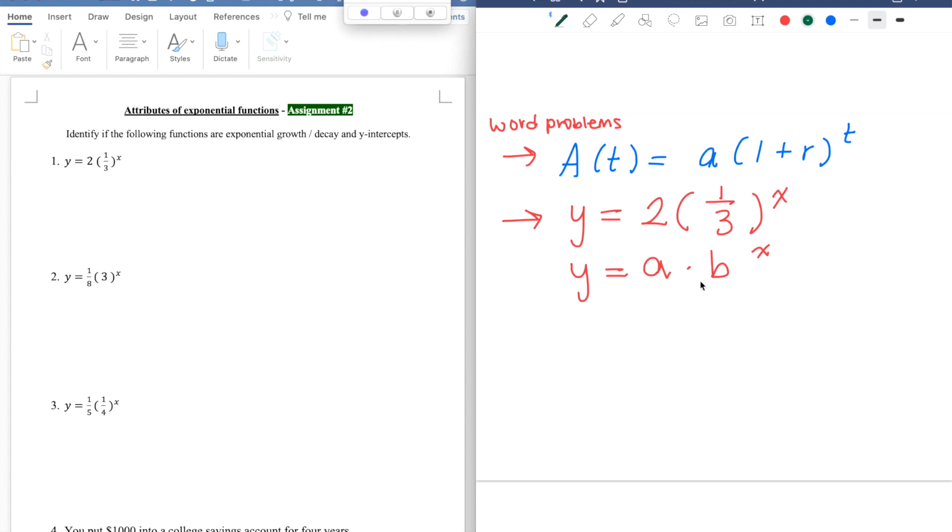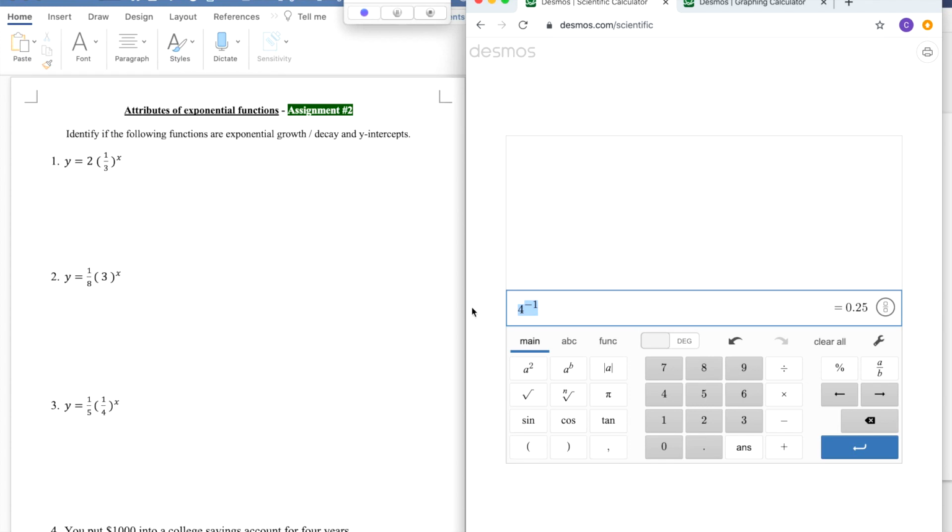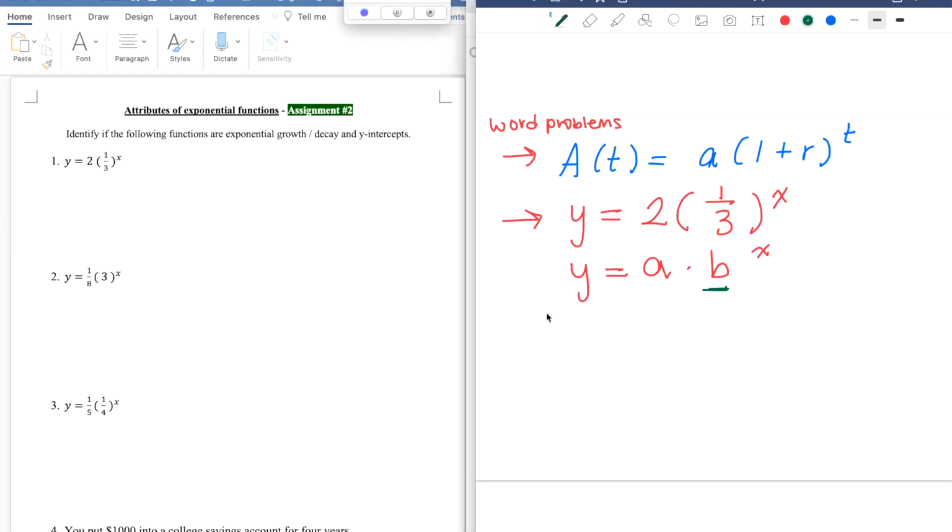What determines growth or decay? The b value. So our b is 1/3. If you don't know what 1/3 is, just use decimals. Perfectly fine. 1/3 is 0.33333. So I'm going to just switch this out. Okay, so 0.33, that is a value between 0 and 1.